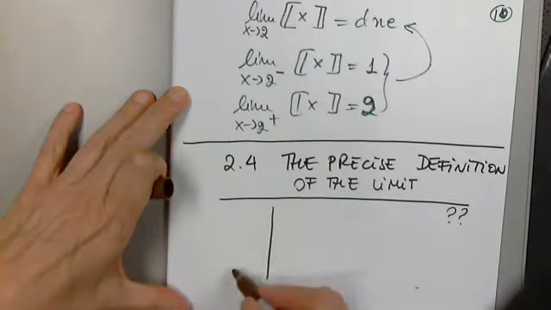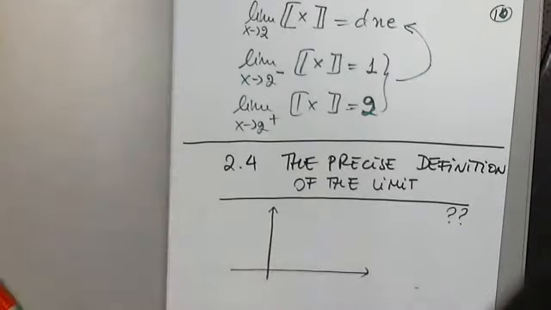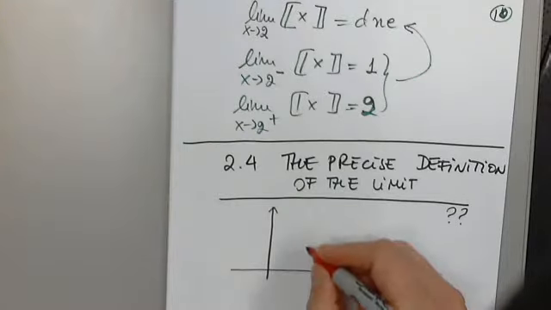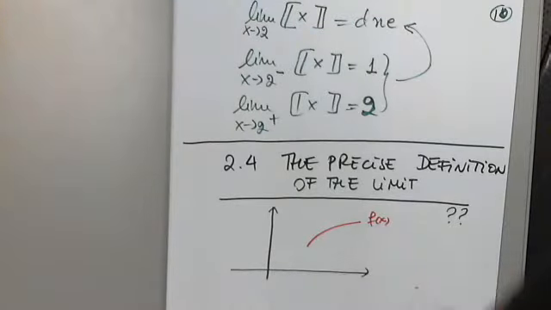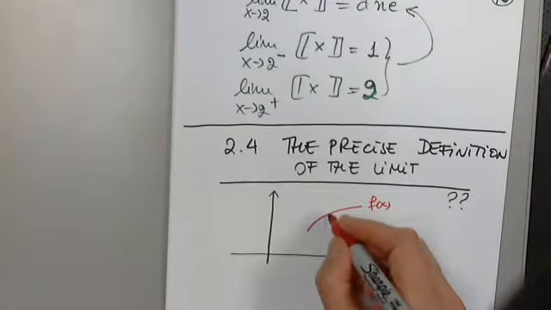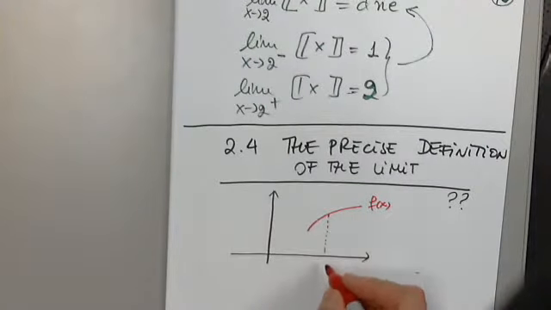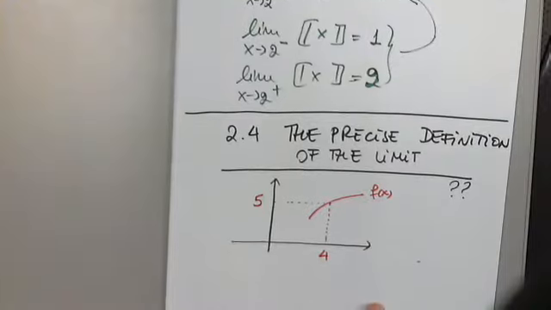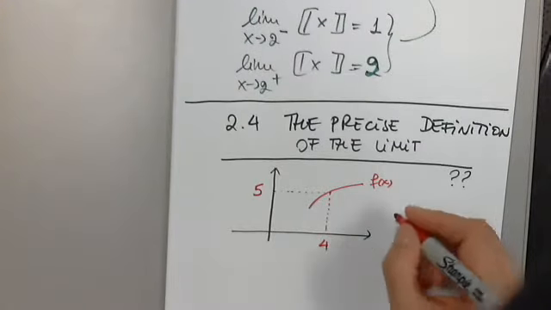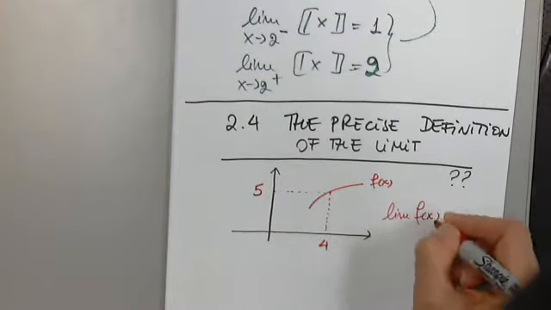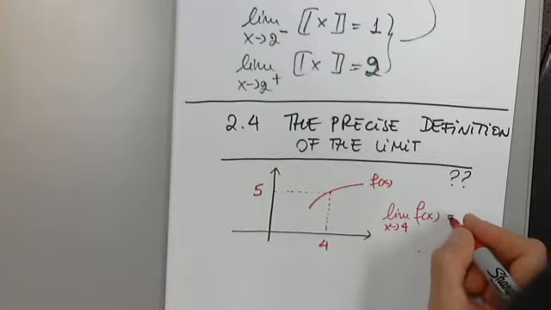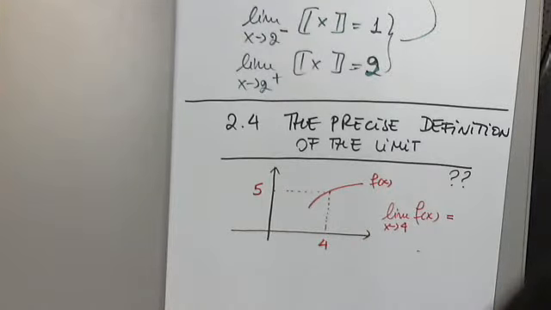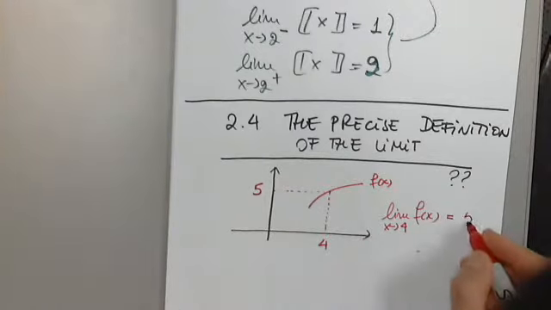Let's suppose I have a function, and it's this function. And I'm going to choose x to be 4. And I'm going to say this is 5. And I'm going to ask you, what is the limit of f of x as x approaches 4 from either side?